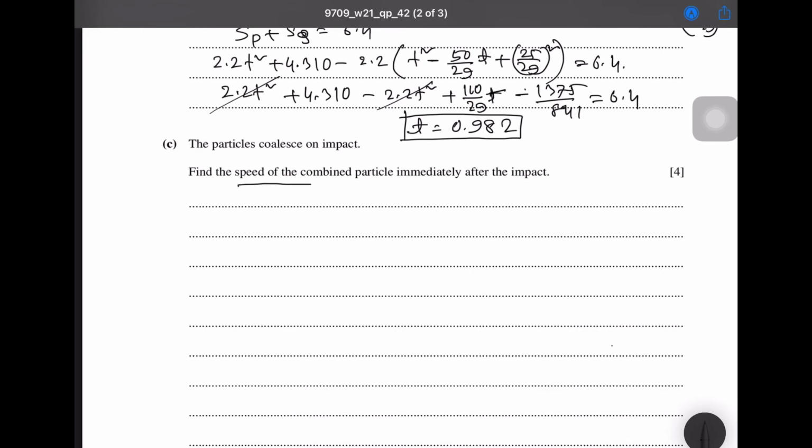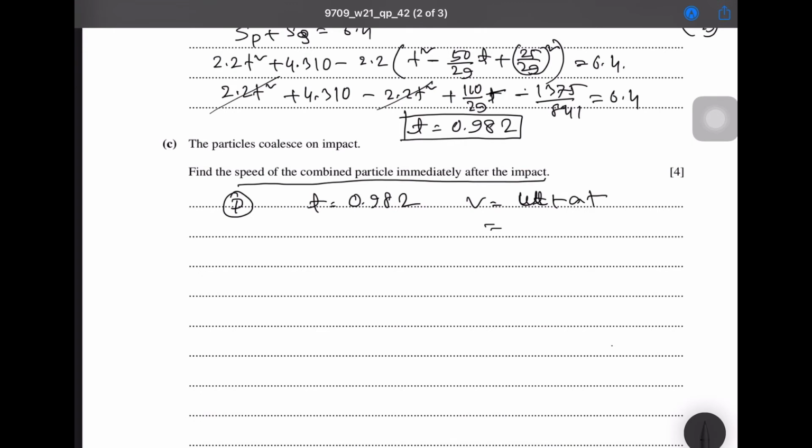Next, the speed of the combined particle immediately after the impact. Let us first find the speed of P at t equals 0.982, that is, before the collision. That means v equals u plus at.